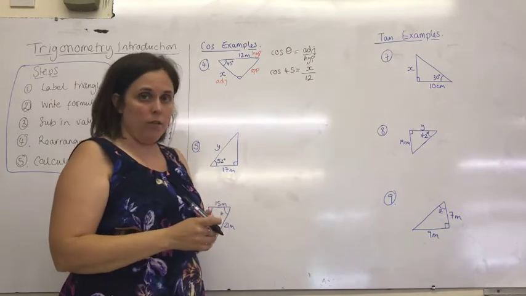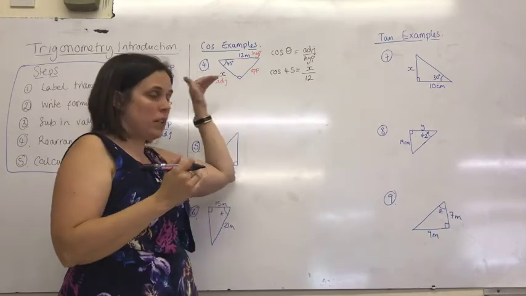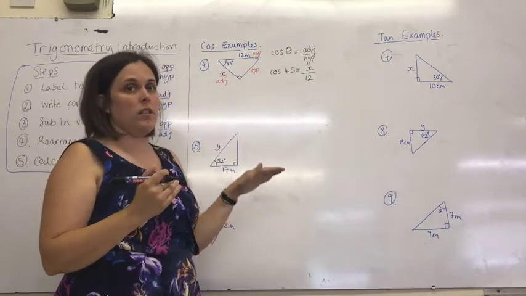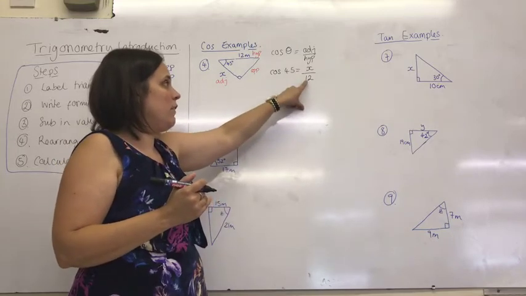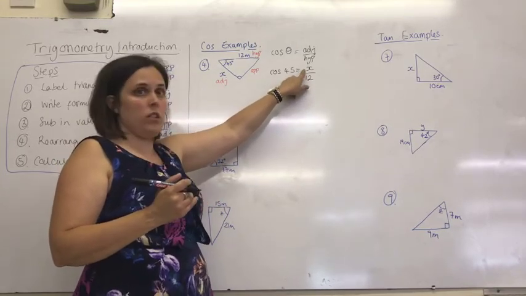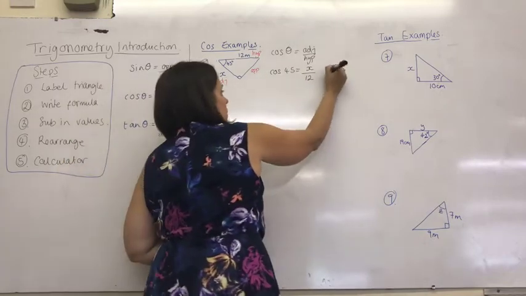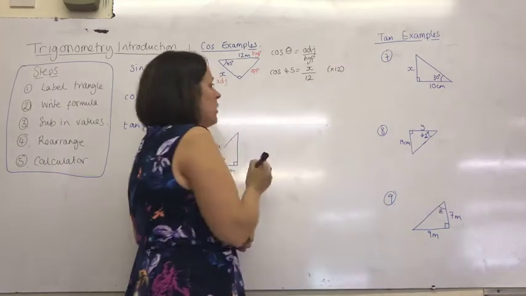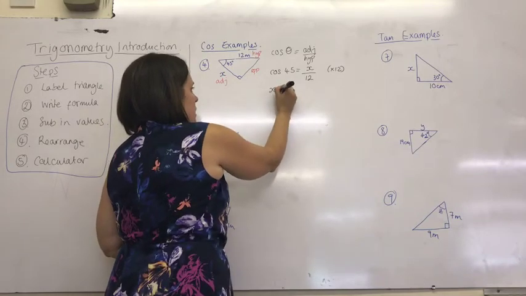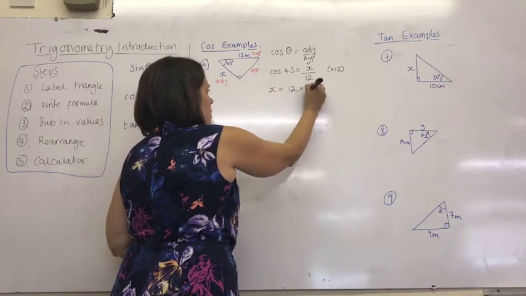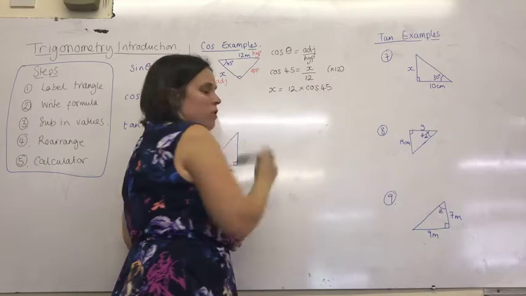Now step 4 is rearrange, and I've done them in the same order as the sine ones. So if your unknown is on the numerator of the fraction, it's nice and easy. We just multiply. So we're going to multiply both sides by 12. Now that gives us x equals 12 times cos 45.